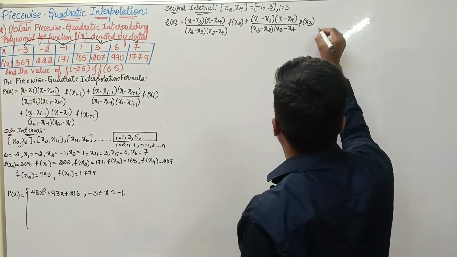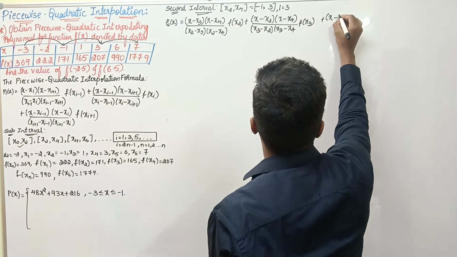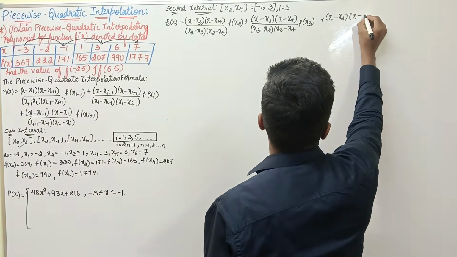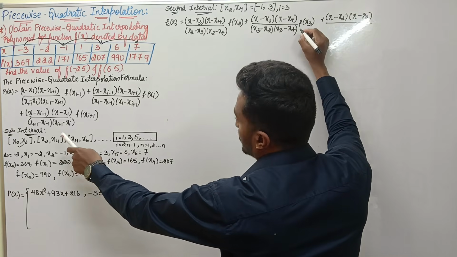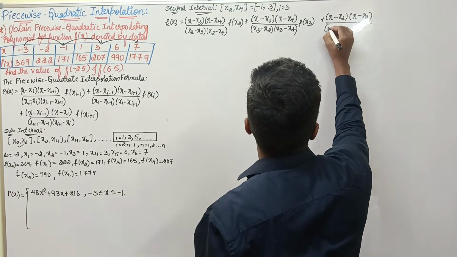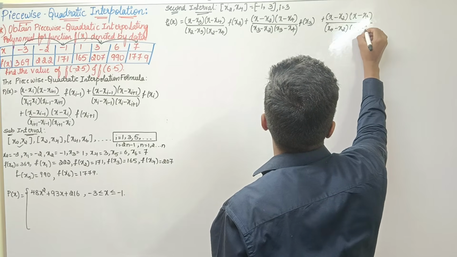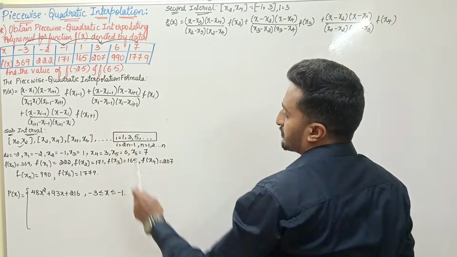The last term: x minus x_(i-1), that is x2, into x minus x_i, that is x3, divided by, now i plus 1 is 4, x4 minus x2, x4 minus x3, into f of x4.